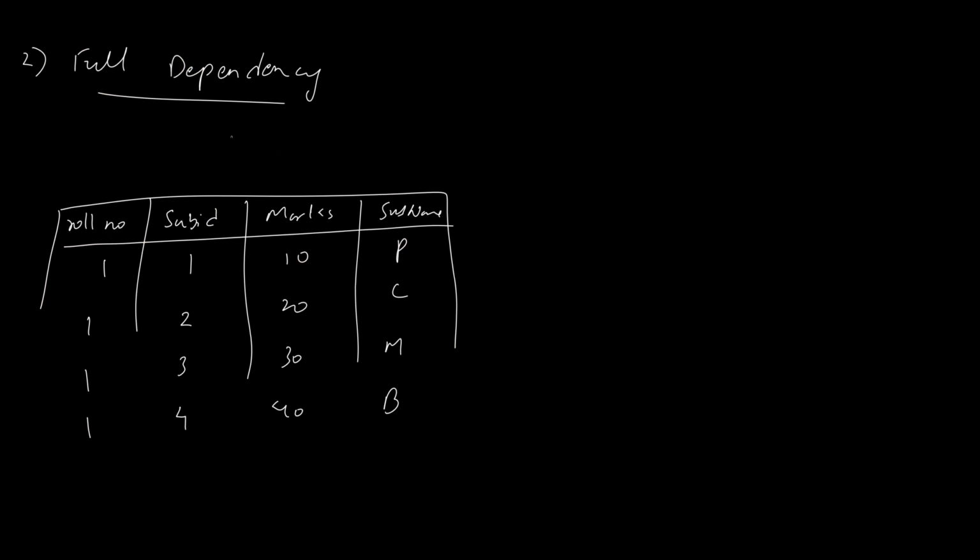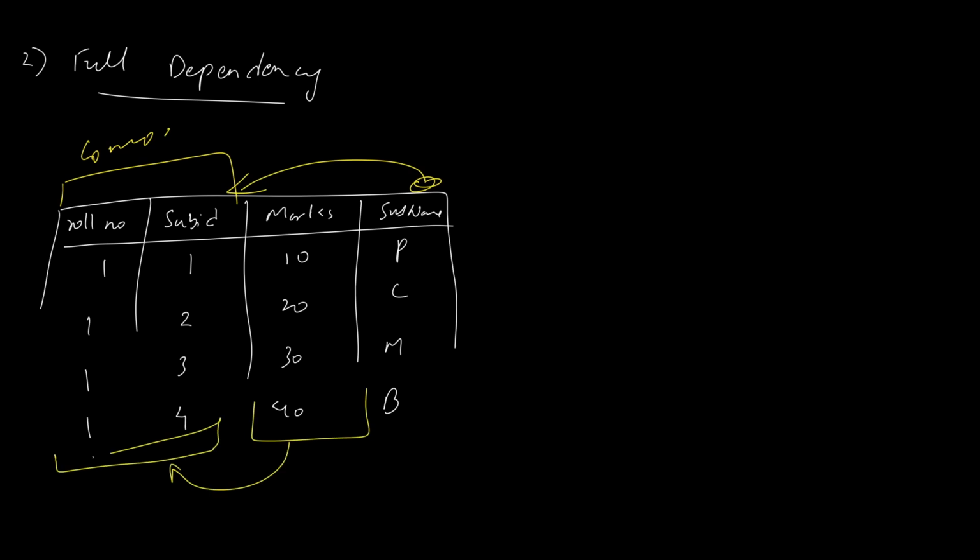Full dependency is very simple. We take the same example. We know this is a composite key, right? Even though subject name is dependent on subject ID, we know that marks is only dependent on this whole composite key. Without knowing the roll number and the subject ID, we cannot find out this field, or what exact value we are looking for.